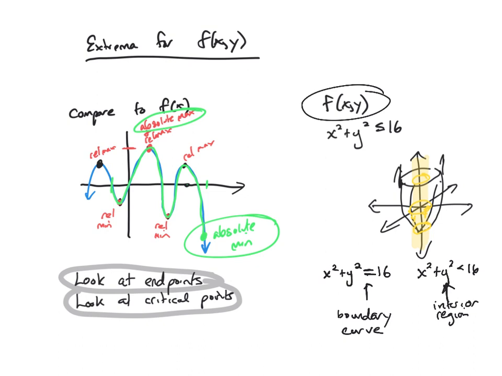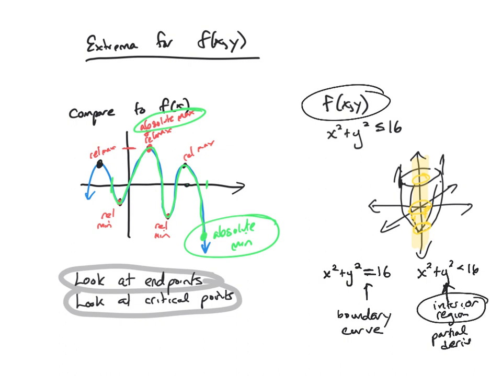And the overall theme is that for the interior region, we would be looking at the information when we looked at partial derivatives. Not necessarily needing to go so far as to apply the second partials test and try to figure out what's a relative max, what's a relative min, what's a saddle point, but just identifying what are those critical values that are actually on the interior of the region.